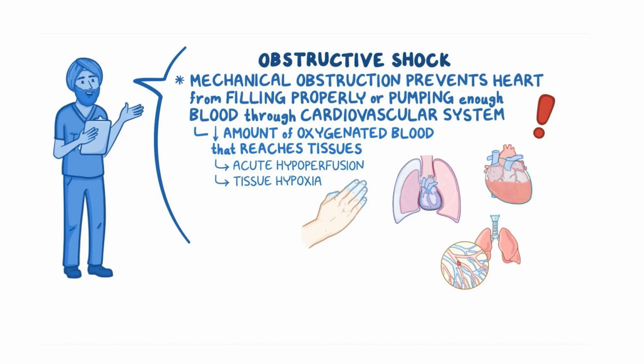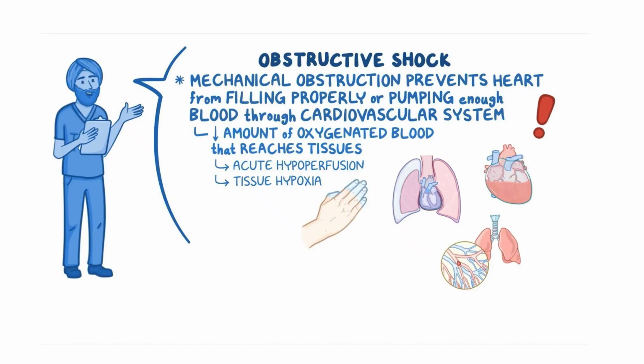You will notice that some sources are going to list obstructive shock as a subset of cardiogenic shock, but that's not exactly right. And I want you to think about why. Remember, cardiogenic shock is going to be related primarily to pump failure.